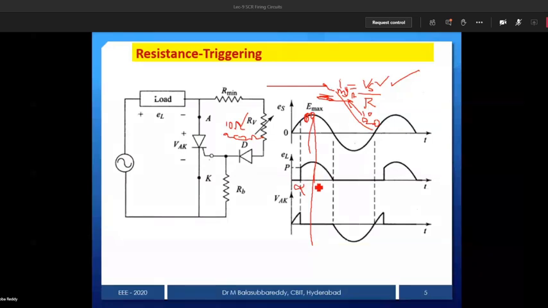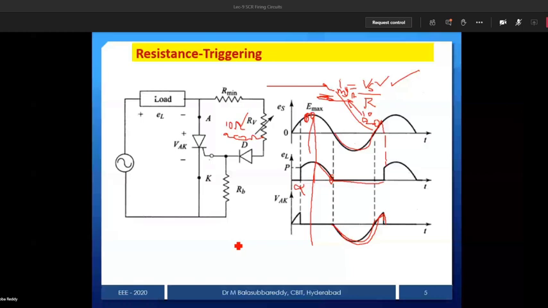Once it reaches pi, the device is reverse biased, the output voltage will be 0, and the voltage across the device is the same as the source voltage. The source voltage is negative here, exactly the same. How long? Up to the next instant the device is triggered, the device is in open state, therefore the output voltage will be 0 and the voltage across the device is the same as the source voltage. So this is the way we are able to trigger it.